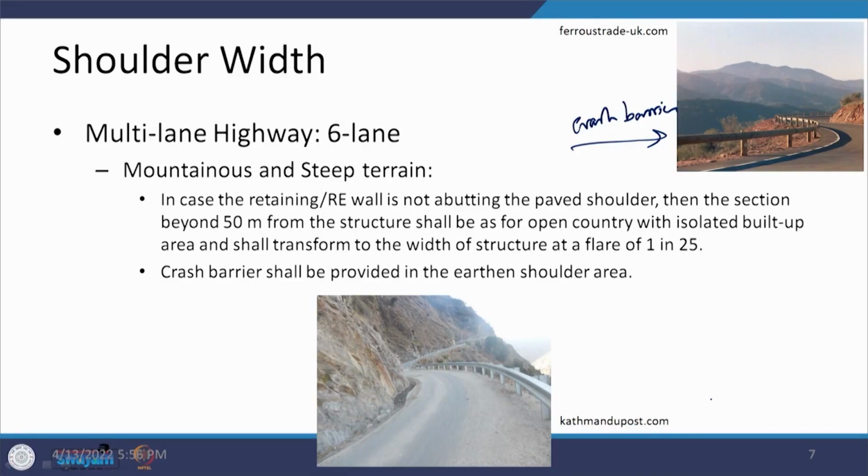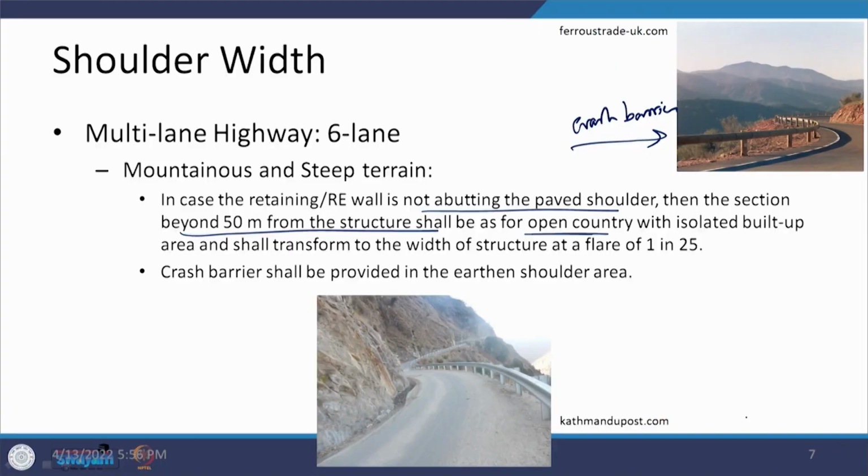Now, in case the retaining wall or RE wall is not abutting the paved shoulder, then the section beyond 50 meter from the structure shall be as for the open country. So, we have looked into the table. In the table we found that for a built up area, for the approaches to the grade separated structures or other structures like flyovers, the widths are different as compared to the open country.